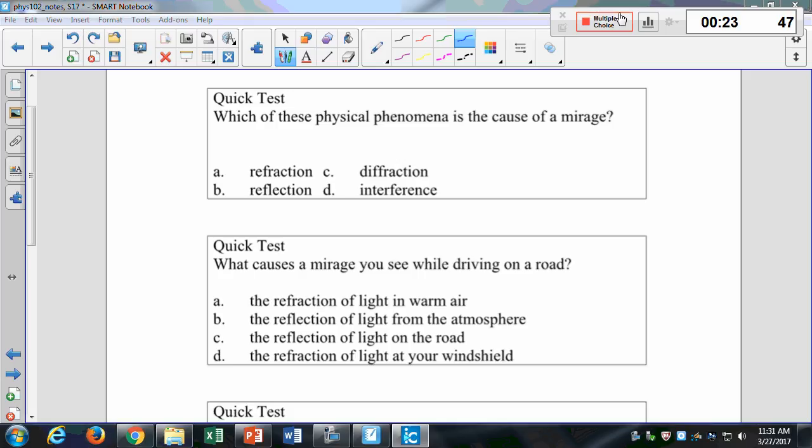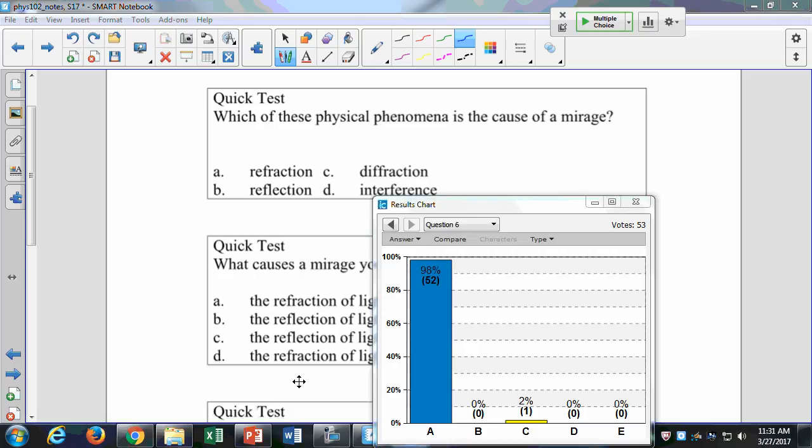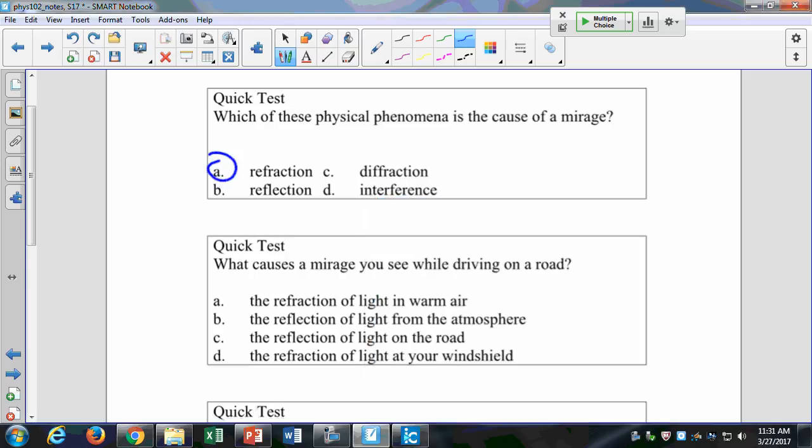Okay, got it. Okay, good. A is right. It's a refraction phenomenon. It's not reflection, not diffraction, not interference.